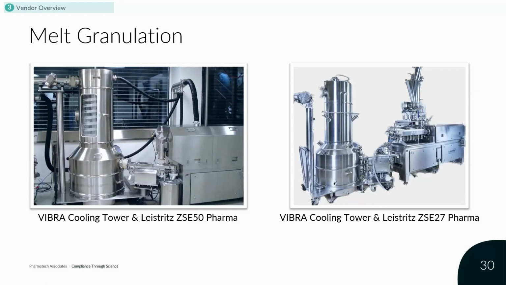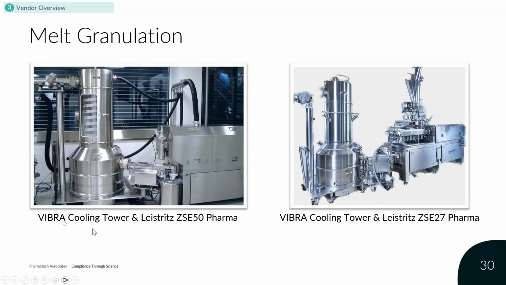What I want to quickly show is what happens after this. As you have a temperature, you go to cool down rather than to dry something. You can find so-called cooling towers, vibratory towers from a brand called Vibra. They have a couple of nice installations together with twin screw melt granulation processes.